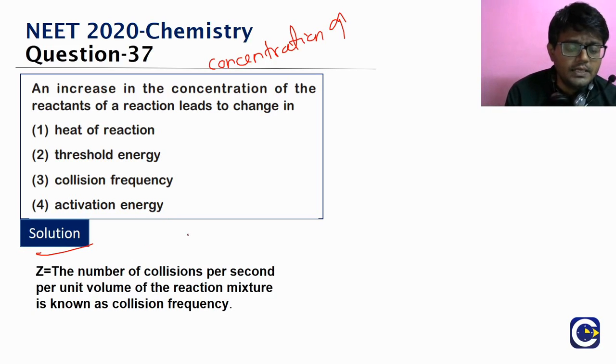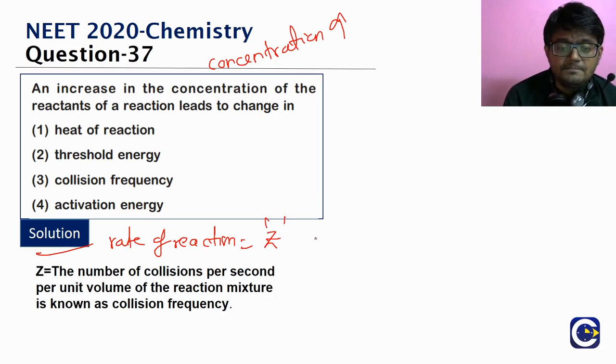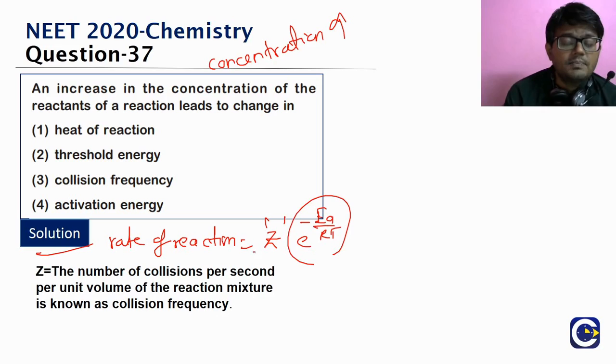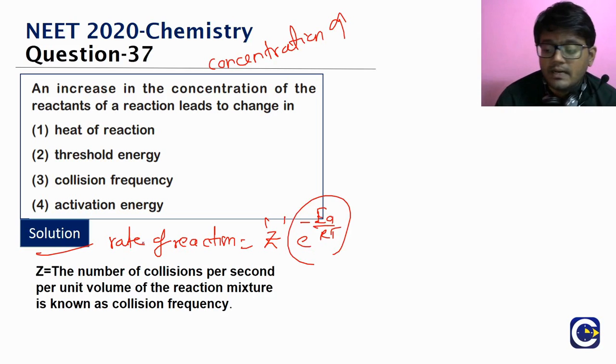So the rate of reaction will be equal to the collision frequency Z into the factor e to the power of minus Ea by RT. This factor represents the fraction of the molecules having energy more than the threshold energy.